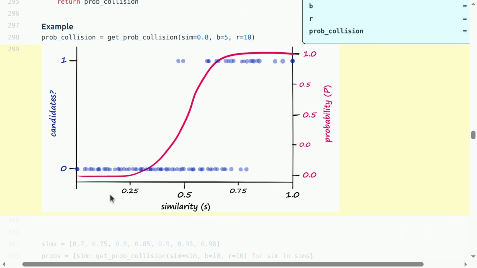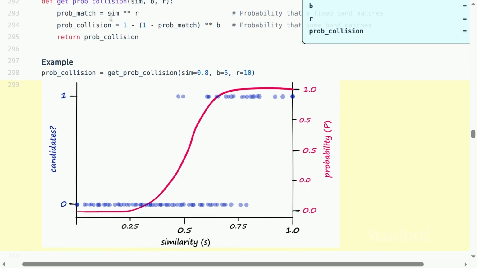But notice that this is an interesting S-shape, which is nice because this is what we wanted to sharpen. We wanted to basically say if the similarity is below some threshold, then we want the probability of a match to be as low as possible. And if the similarity is above some threshold, we want it to be as high as possible. So we're trying to get this to be like a phase transition. Okay, and if you plot this function as a function of similarity, that's what you get.